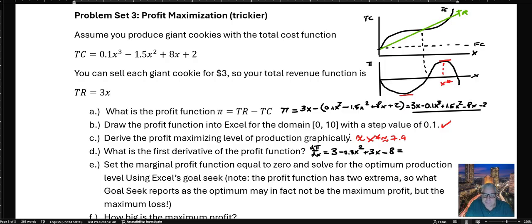We can simplify that to minus 0.3 times x squared plus 3x. And if we subtract from the 3 the minus 8, we still have minus 5. So that would be the marginal profit function.